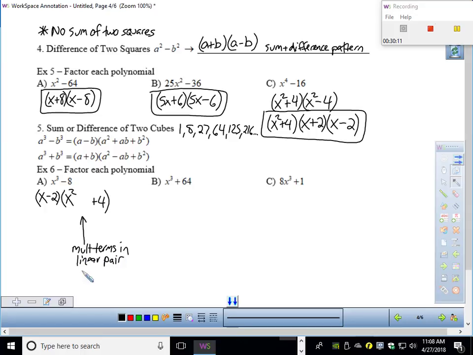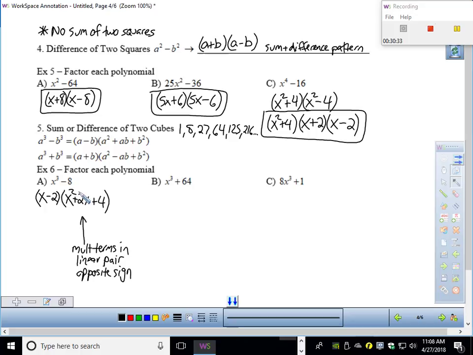But then you're going to do the opposite sign. So here is what I mean by that. We take the two terms that are in the linear pair, right? The x and the 2. And we just multiply them together. X times 2 is 2x. So that's what goes here. If that is a minus, this is the opposite sign, and that's a plus. That's how you know what this middle term is here. If you can get that, you've got it.